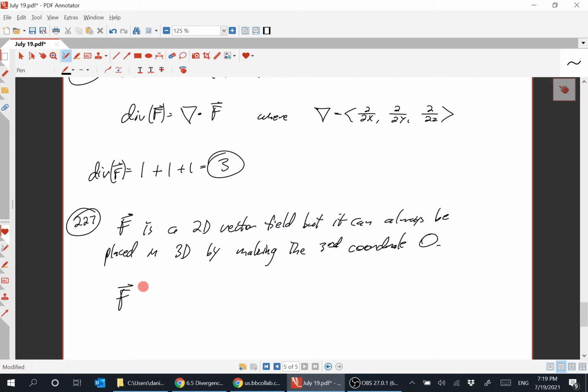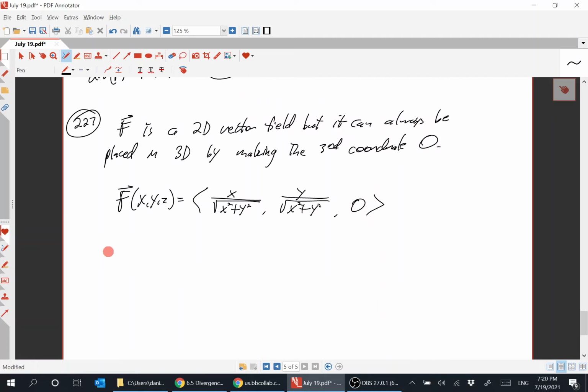Right, so in this case, f of x, y, z is x over square root x squared plus y squared, y over square root x squared plus y squared, 0.